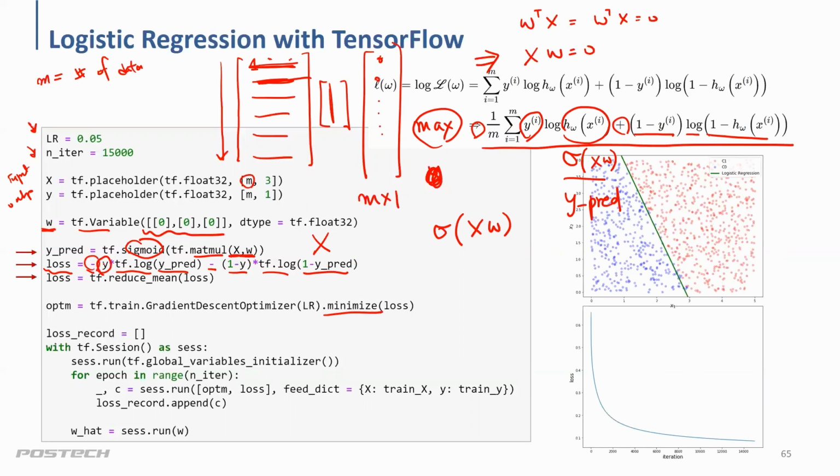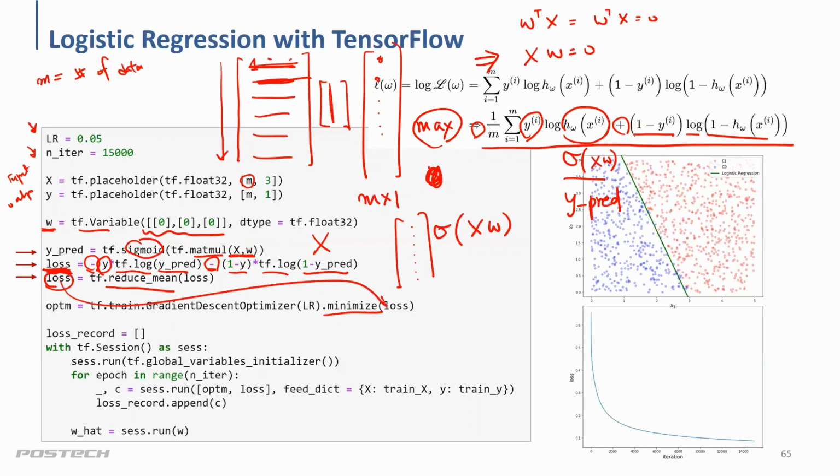I use minus signs instead of maximizing the objective function, I'm trying to keep the convention that I want to minimize any objective function or loss. And up to this point, the loss is, again, a column vector, and I use tf.reduce_mean to get the scalar value.